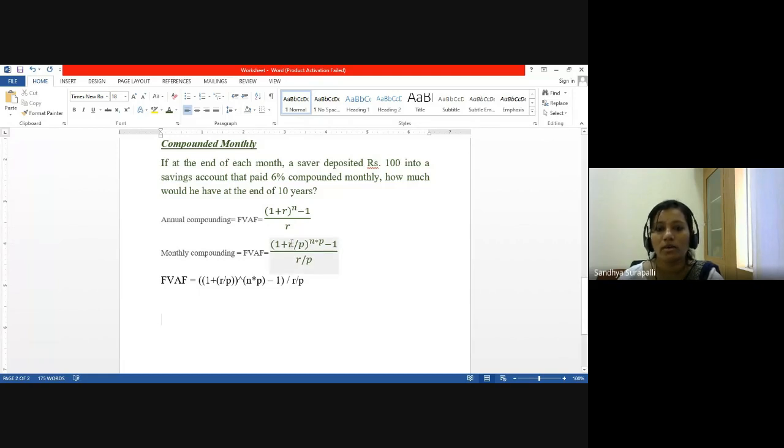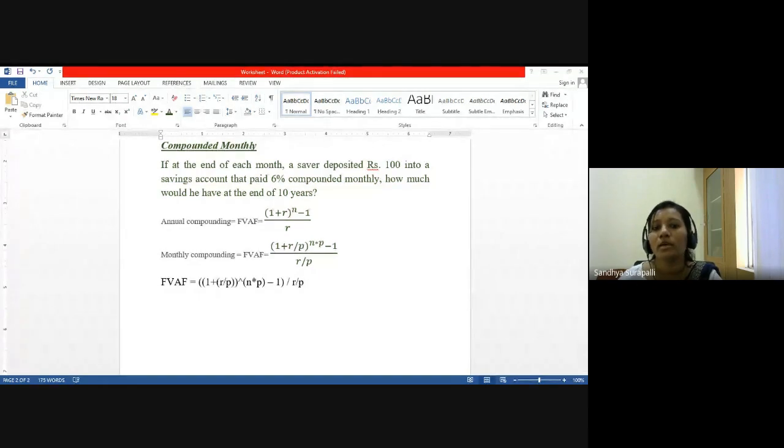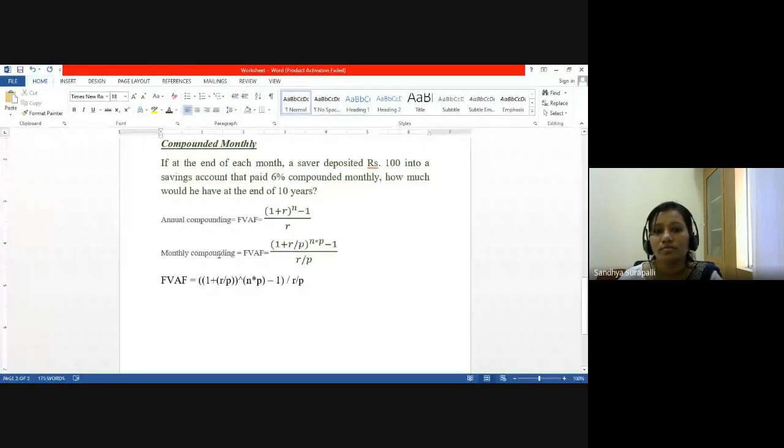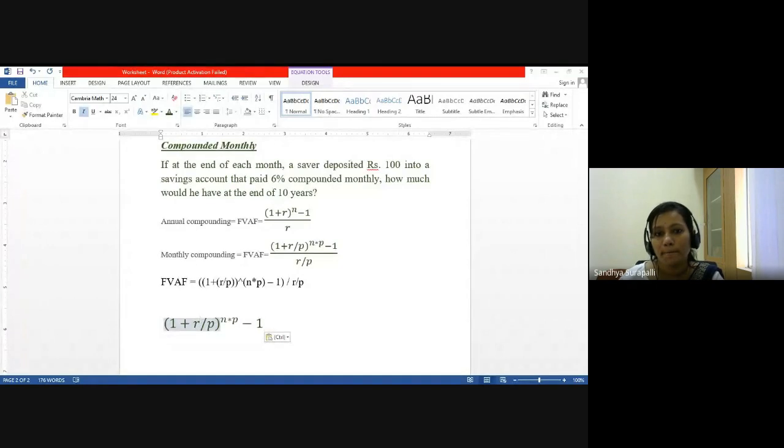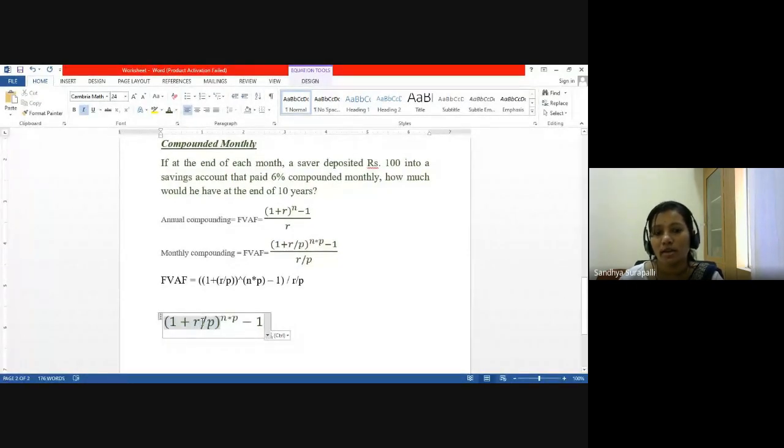So now if we are using this formula and solving for this problem, tell me, first let us solve for the numerator. Only the numerator. What is R here?